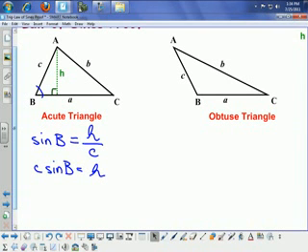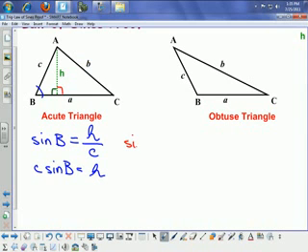If we do the same thing for the other side, here's our right triangle. Here's one leg, here's the other, here's the hypotenuse. So h is again a leg of the right triangle, and b is the hypotenuse. So we can set up the same thing.